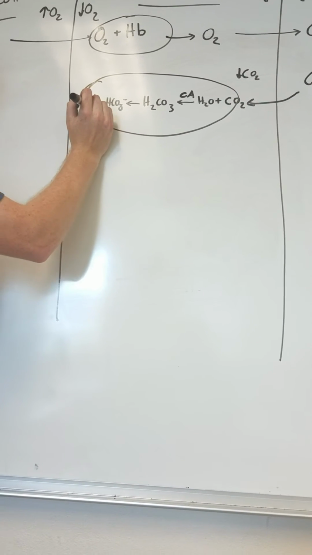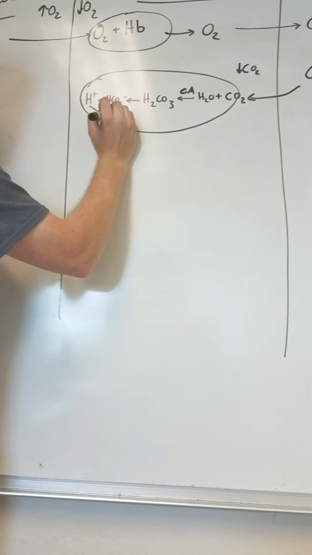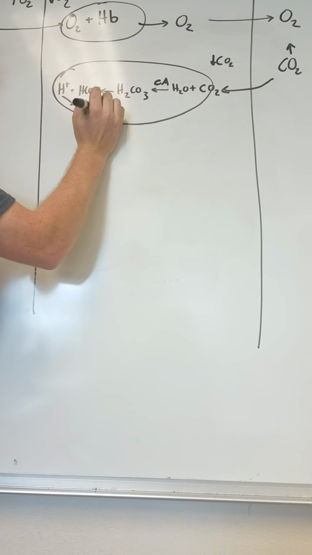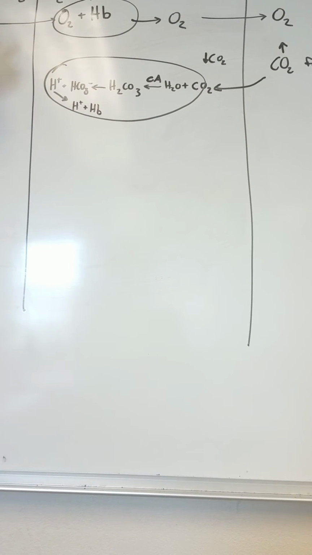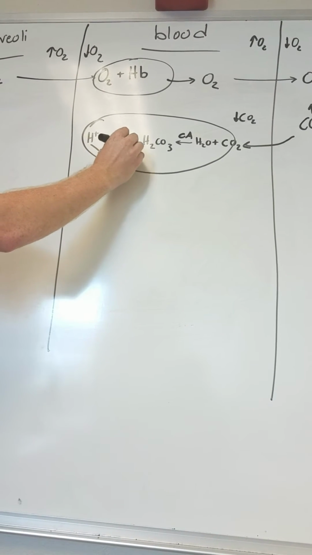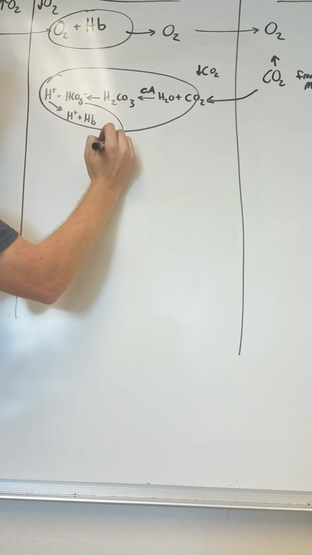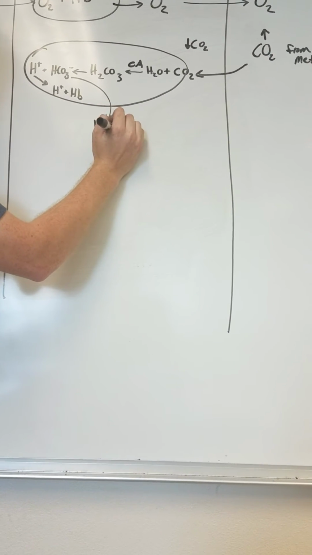So this right here, the free hydrogen we have, it binds to hemoglobin. So we're going to do hydrogen plus hemoglobin, just like oxygen did up there. And then remember, this bicarbonate ion gets sent out of the red blood cell. So we just have HCO3 minus.